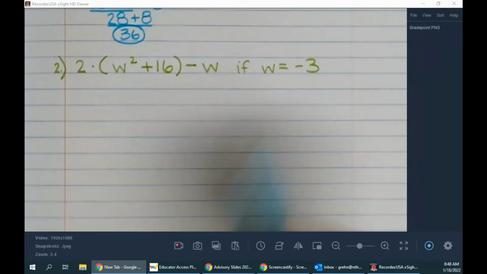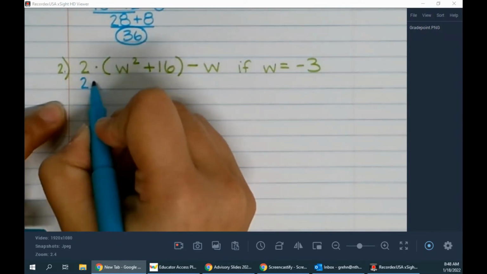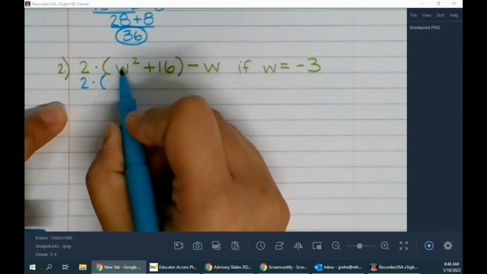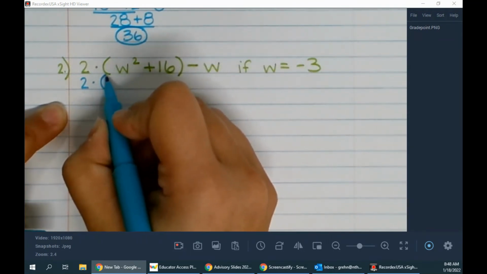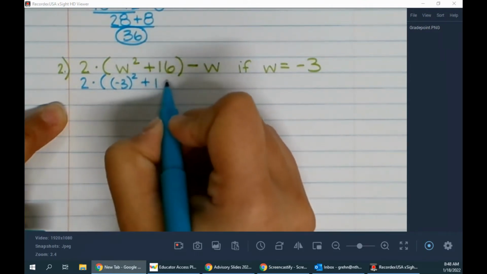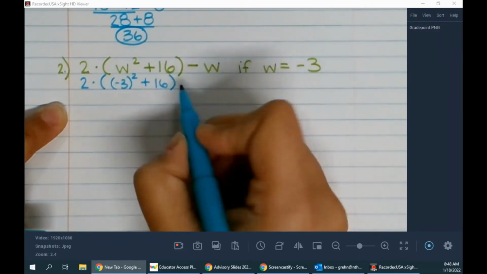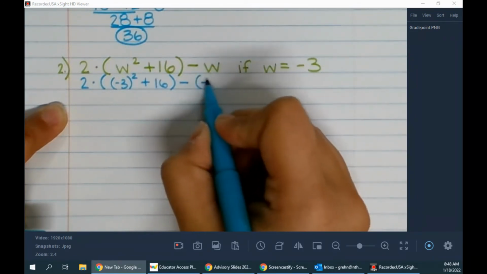Okay, so first step, plug in the value for your variable. So now I have 2 times the quantity, instead of w squared, I'm going to have negative 3 squared plus 16, closed quantity, minus w. So instead of w, I'm going to have negative 3.